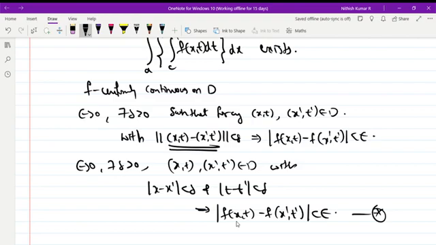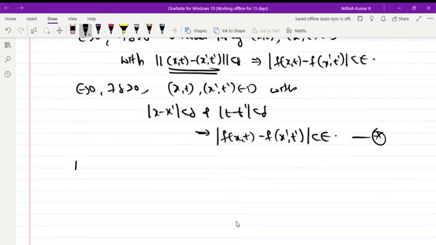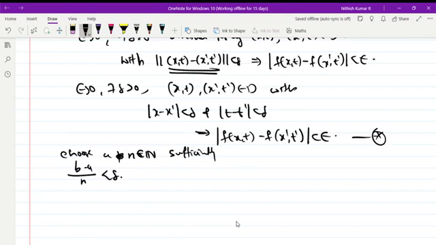So let's call this star. Choose a positive integer n sufficiently large such that b minus a divided by n is less than delta, and also d minus c divided by n is less than delta.